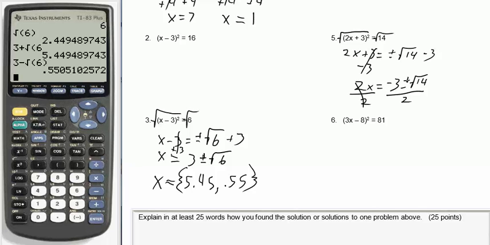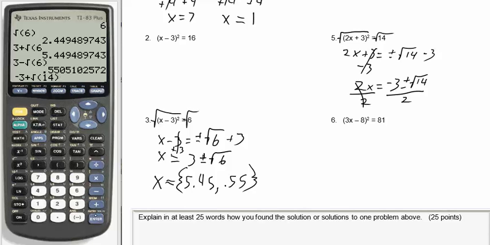Now, in a lot of tests like STAAR test or EOC or SAT, they may leave it like this just to make sure that you could actually find it by hand without the calculator. So, to go that far. But still, to solve it, we're going to do two different problems. We're going to do it with the plus. So it's negative 3 plus the square root of 14.